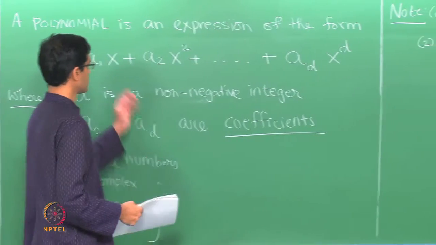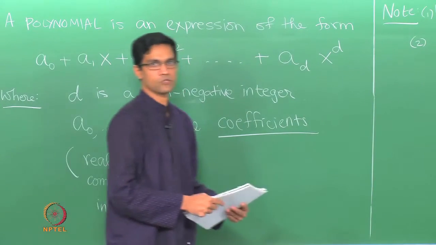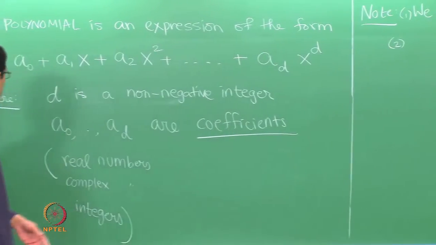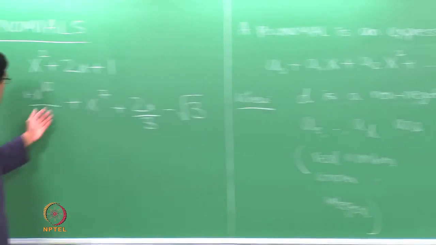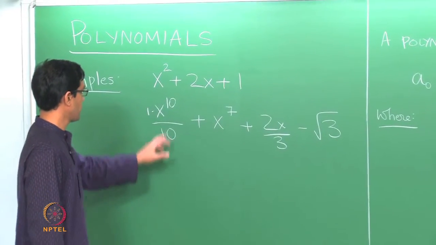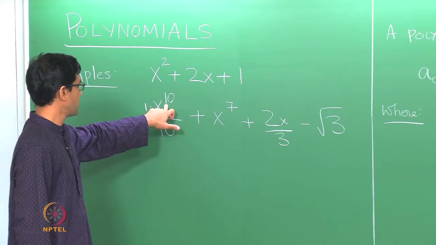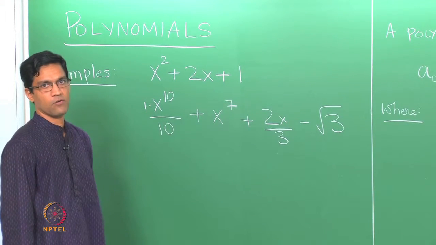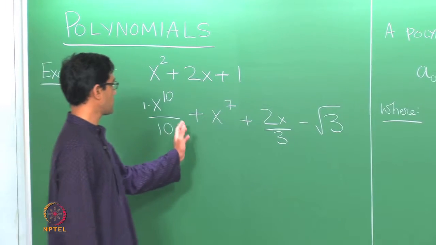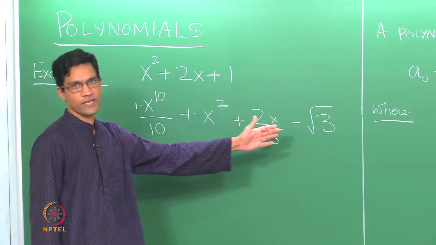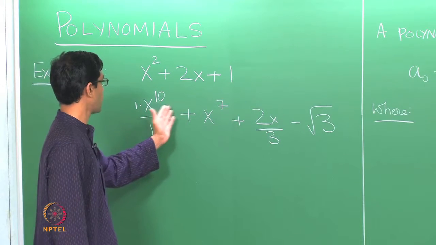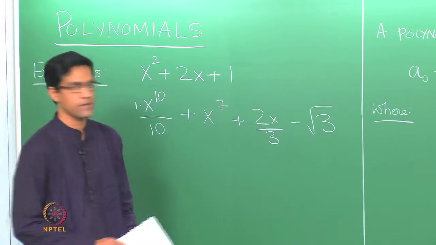Point number 2, some of the other ai's could very well be 0. We are not forbidding that. For instance, in the second example here, this number d is called the degree, and d is 10 because it is the largest power of x which appears, but you do not have all powers of x appearing. You do not have x power 9, you do not have x power 8 and so on.